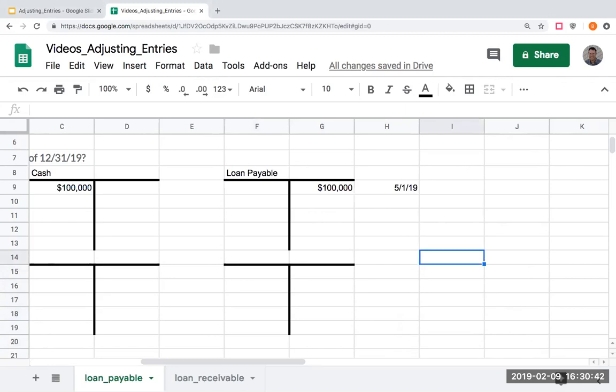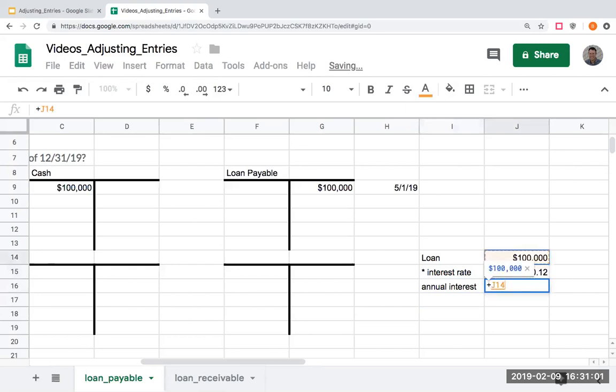The amount of interest I'm going to have to pay is my loan amount, which is $100,000, times the interest rate, which here is 12%. So my annual interest here is going to be $12,000.